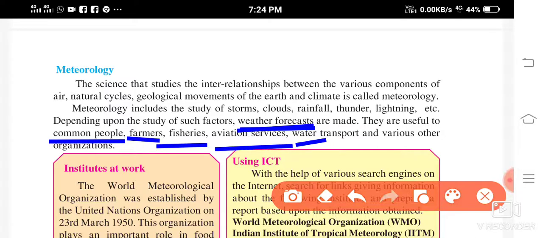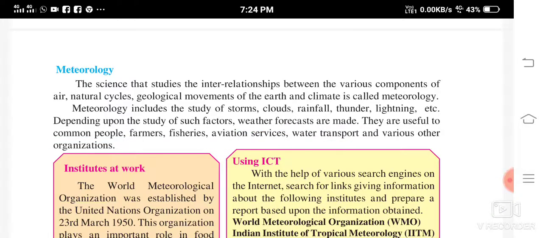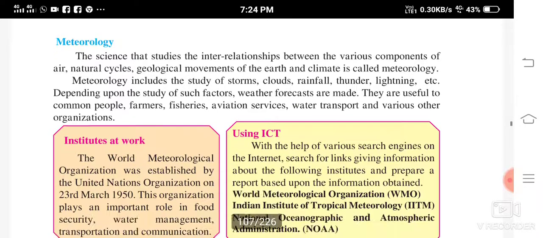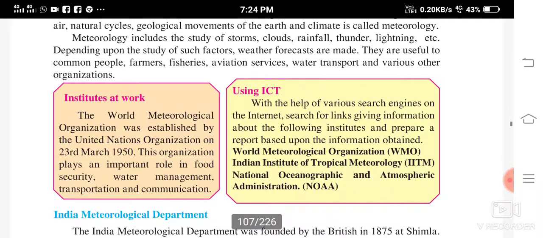Water transport, transport which is there on the water, this transportation also will depend on the weather forecast. If the weather is going to be bad, then the transportation will be delayed. So various other organizations also depend on this weather forecast. So they are useful to the common people, farmers, fisheries, aviation services, water transport, and also various other organizations.